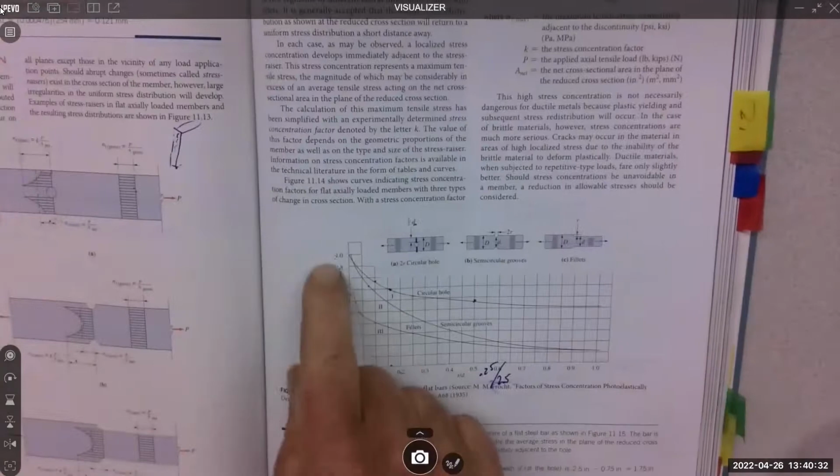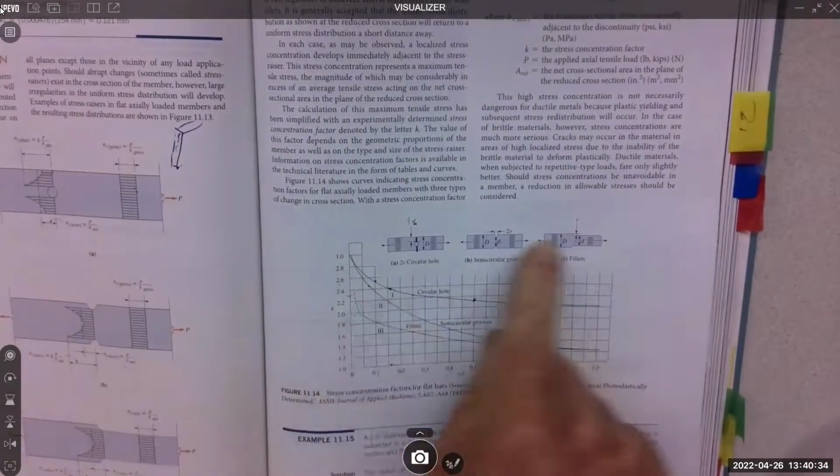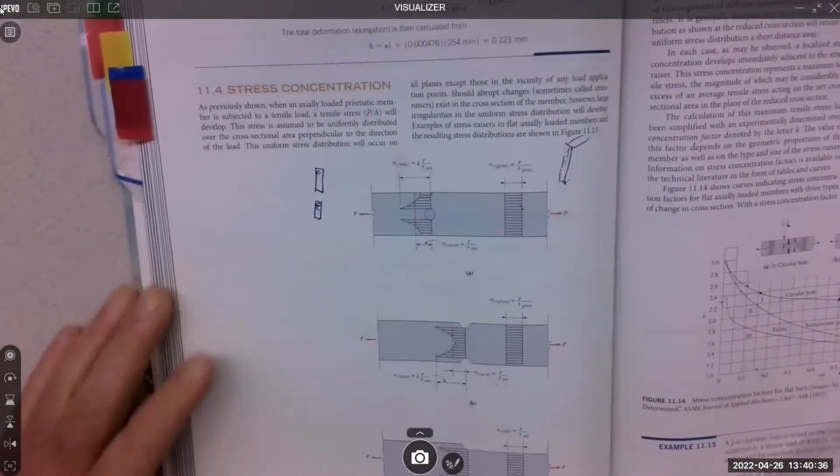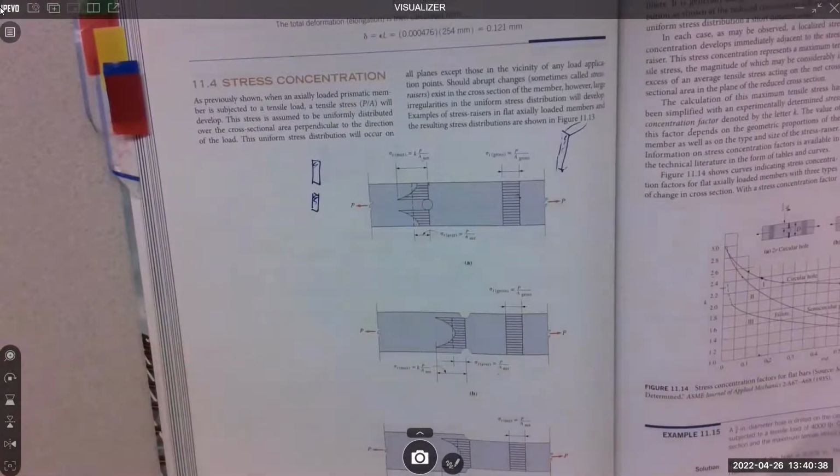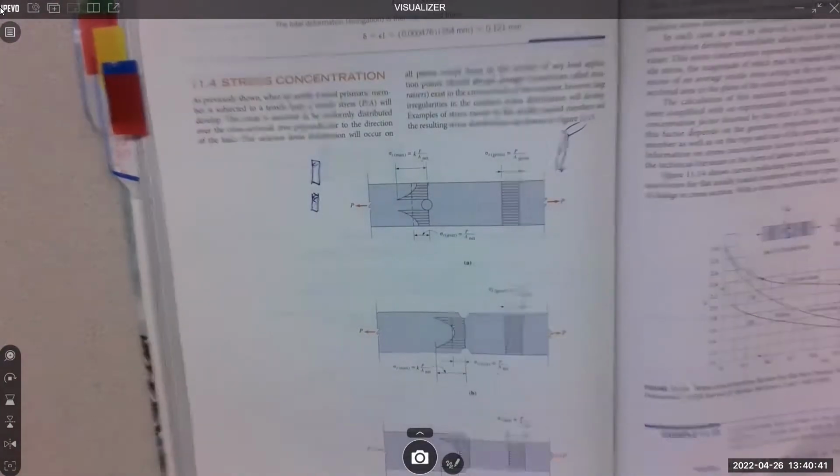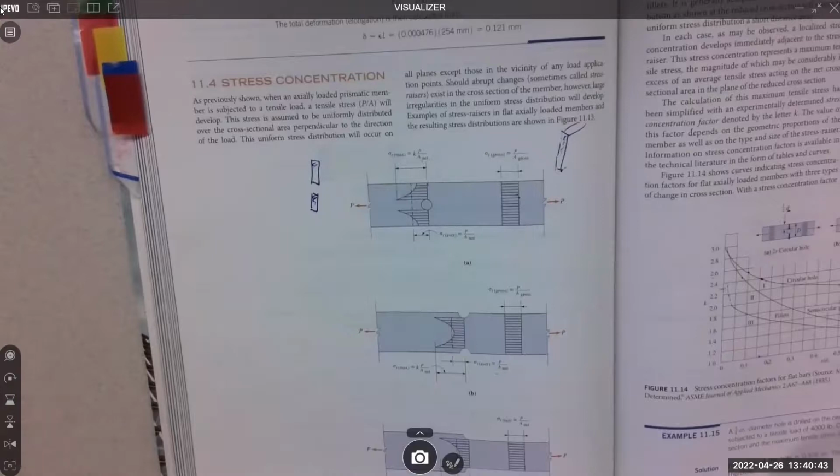Here's a graph of it, right? So as we change the cross section, and we change the cross section all the time. We put holes in things because we want to mount things, right? We want to mount a motor here or a hydraulic pump there, or put a bumper on here, or put a tow hitch on your car, right?